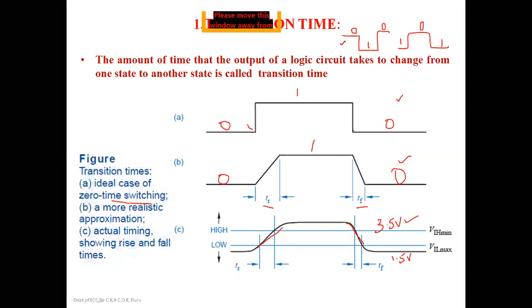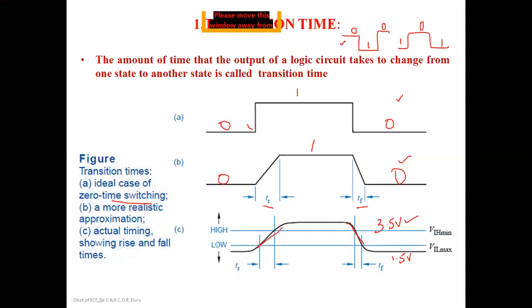So what is a transition time? It is the time that the output of a logic circuit takes to change from one state to another. But there is a difference between an ideal transition time and the actual transition time. It is because of the stray capacitance associated with the connecting wires, as well as with the devices that are driven by the CMOS logic output.